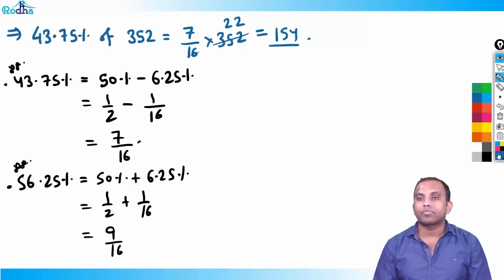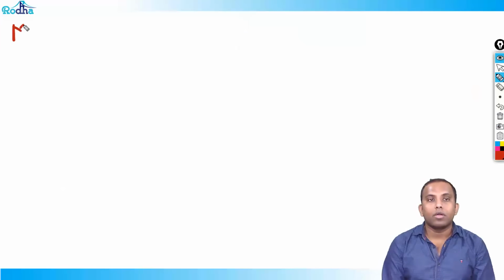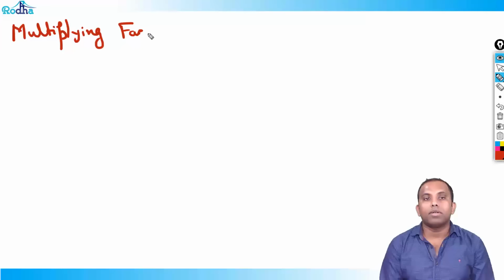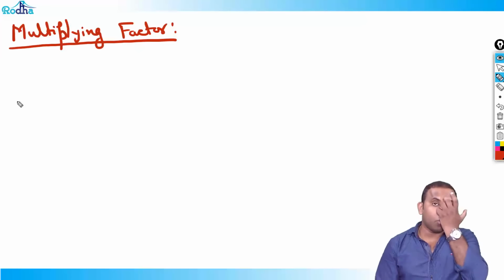The next thing will be multiplying factor. Okay, multiplying factor in percentages. What is multiplying factor? You see, all these concepts we are doing are small problems, but very important problems, right?